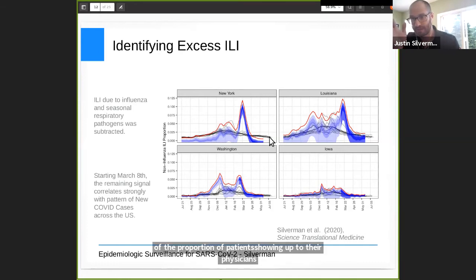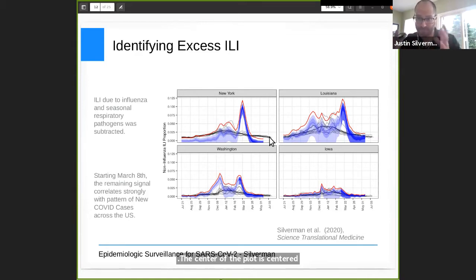Okay, so the center of the plot is centered at the middle of the epidemic year, as defined by the CDC, which is winter, when most people get sick. And you can see that historically, there's this very regular pattern where you've got low numbers of people showing up to their physician with ILI in the summers, and it peaks in the winter.